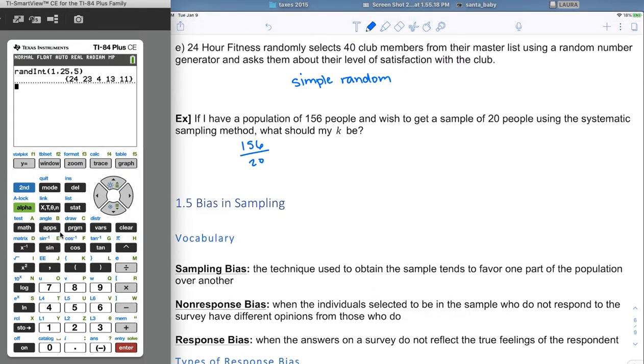So 156 divided by 20. And then whatever number you get, you just cut off the decimal. You don't round it, you literally just cut off the decimal. So the K would be 7. You don't want to round that up because if you round it up to 8, you're not going to get 20 people in your sample. So you really just take the whole number part and disregard the decimal.